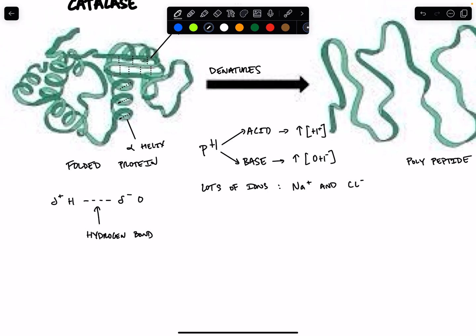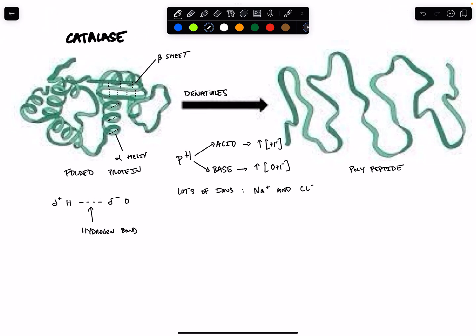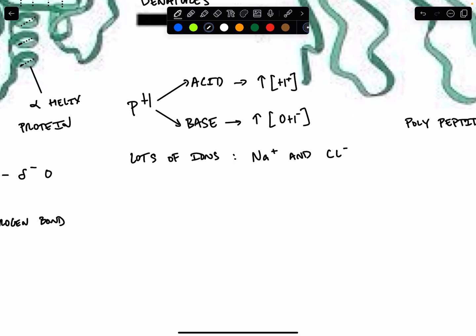The last super common thing to denature a protein is to change the temperature. So when the temperature is really hot, then hydrogen bonds break.